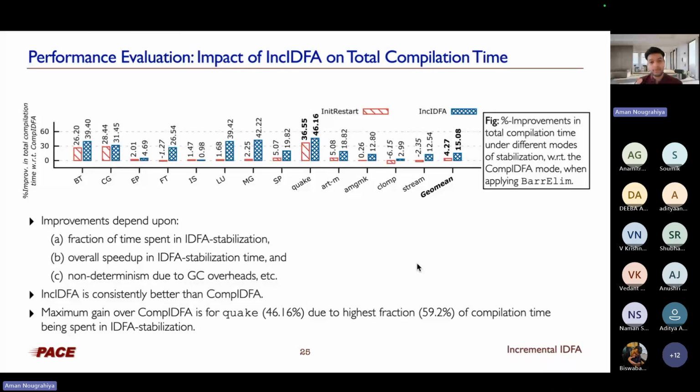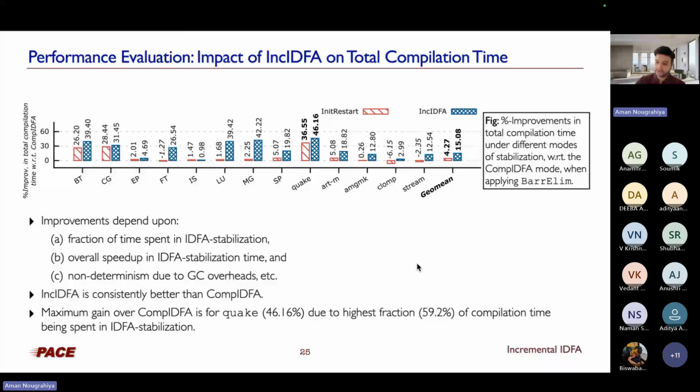But for the precise ones like init restart, inc IDFA, and comp IDFA, in IMOP we were able to dump out the program where we annotated each statement and each predicate with the data flow facts in a normalized form, a human readable form. We dumped these files via different modes and then we matched the files. After normalization, all the files matched verbatim.